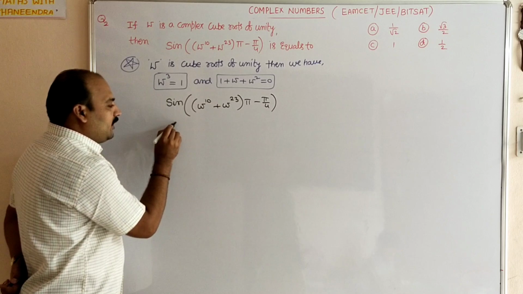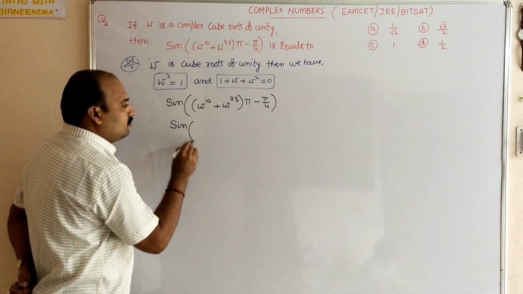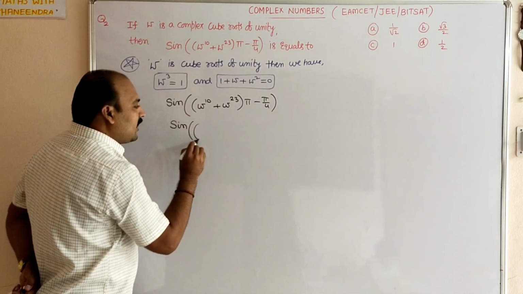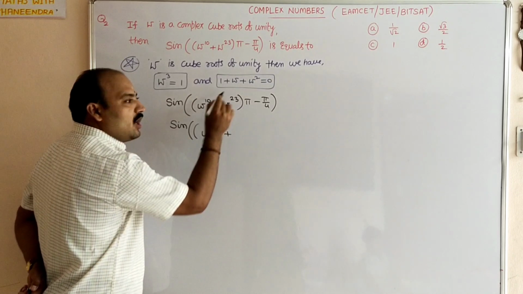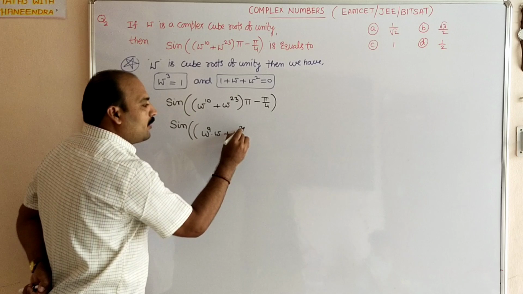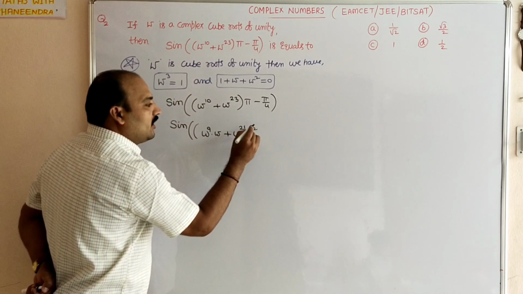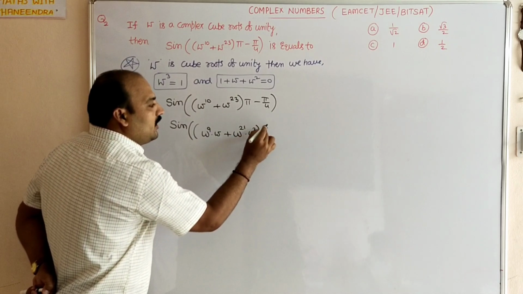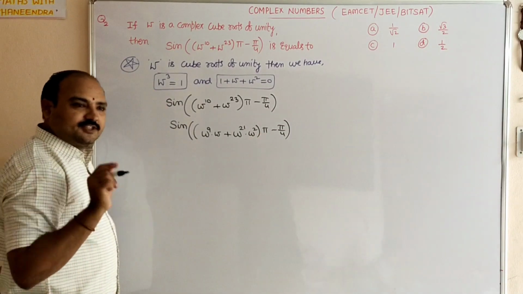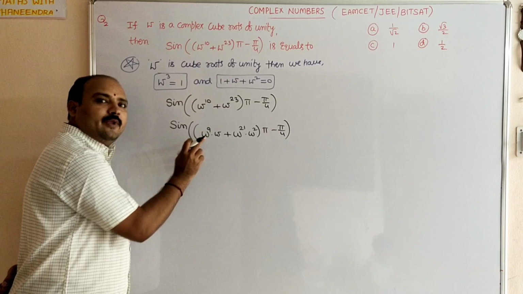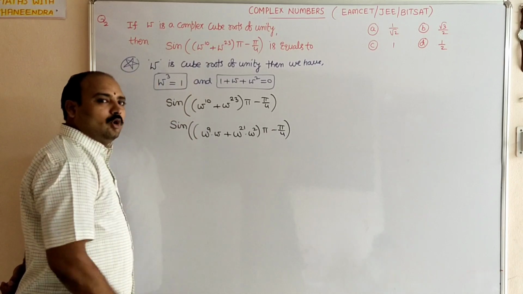See, observe carefully. Sine of omega power 10 can be written as omega power 9 into omega plus omega power 23 can be written as omega power 21 into omega square into pi minus pi by 4. In the next step, omega power 9 can be written as omega power 3 whole cube.